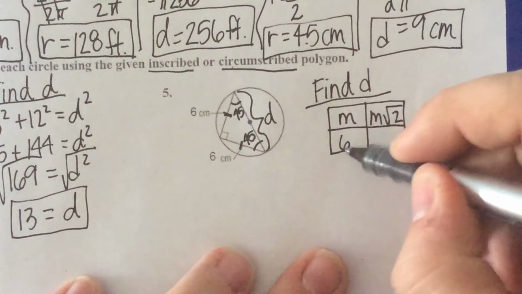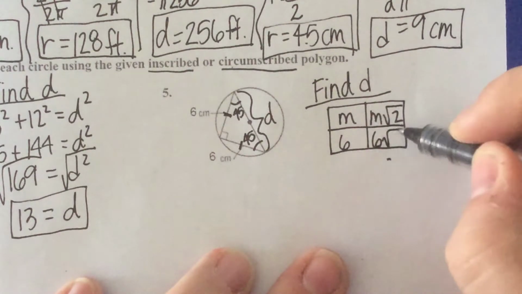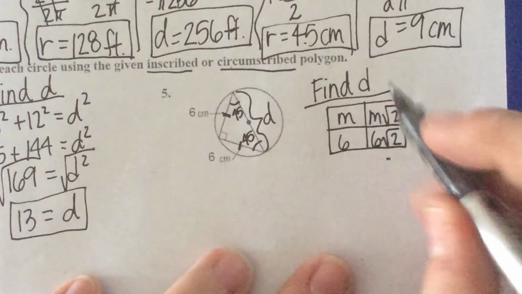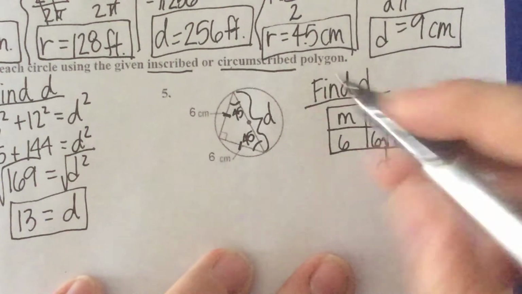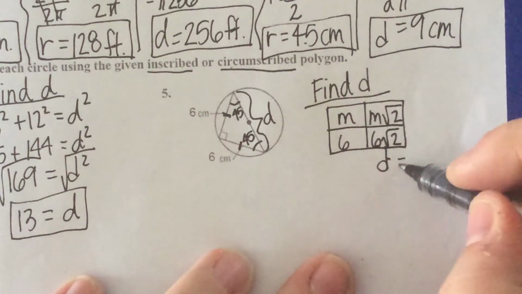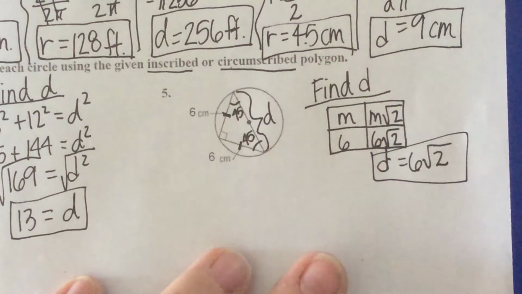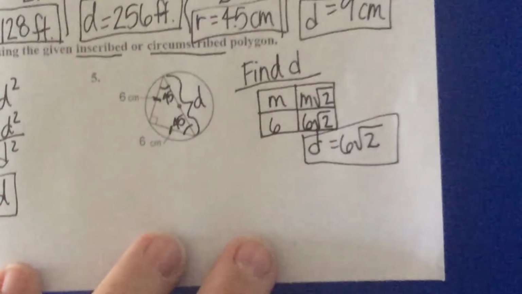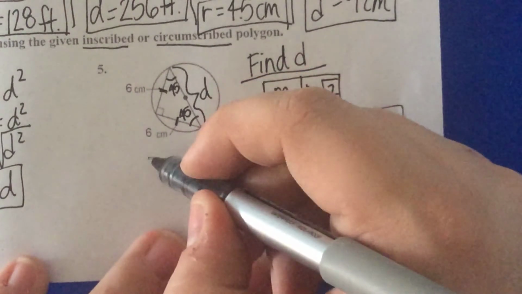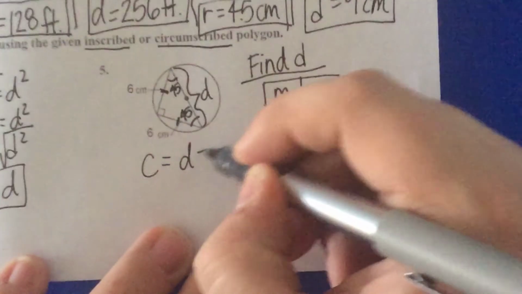So m is 6, and m square roots of 2 means we have 6 square roots of 2. And d is our hypotenuse, so our diameter is 6 square roots of 2. So then we need to plug that in for our circumference, which equals d pi.